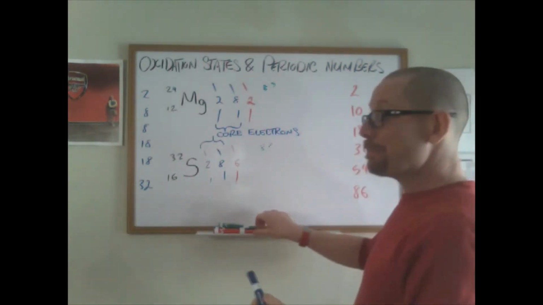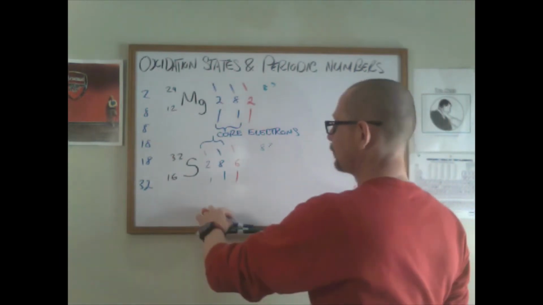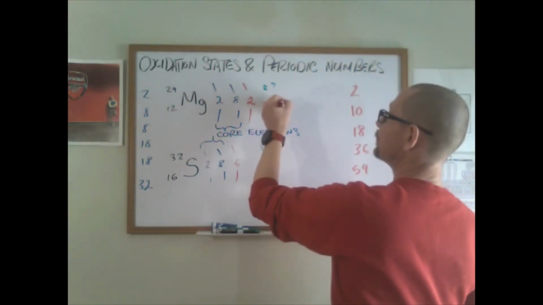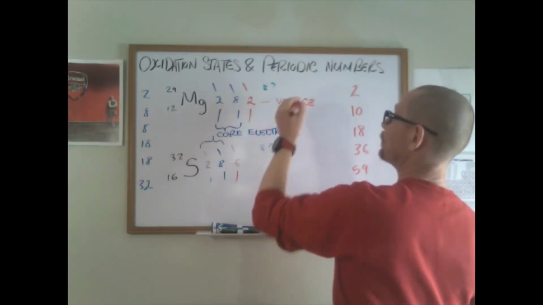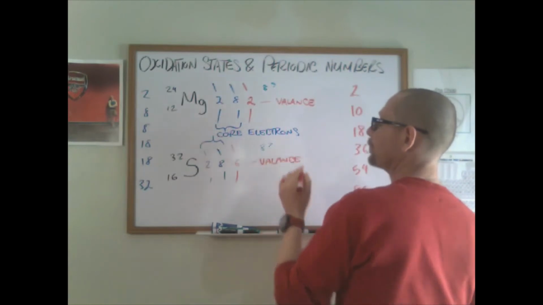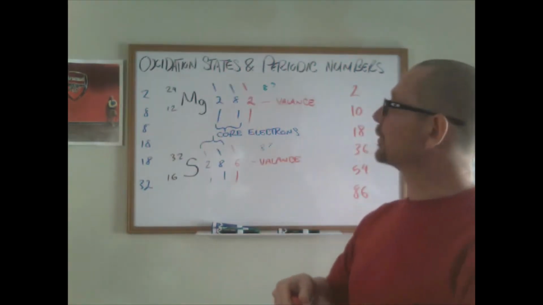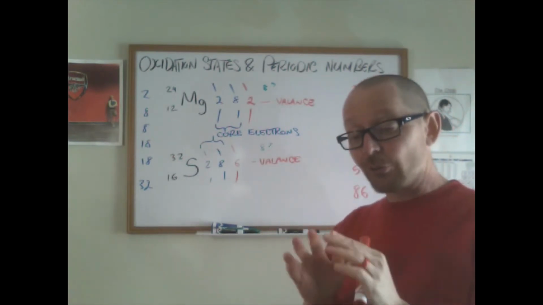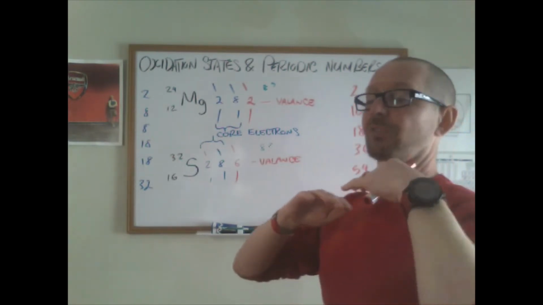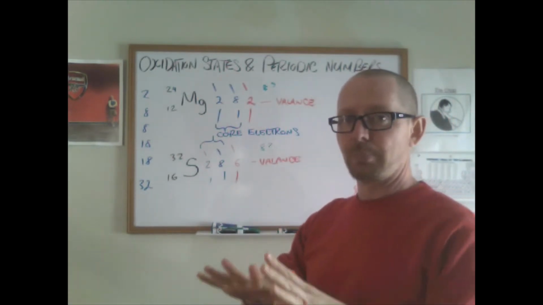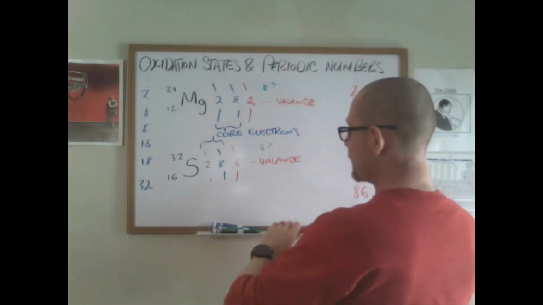And then the ones beyond the core, we're going to call valence electrons. The valence electrons and core electrons are arranged in sub-layers within each of these layers. This is a basic piece, but bear with me on this bit.